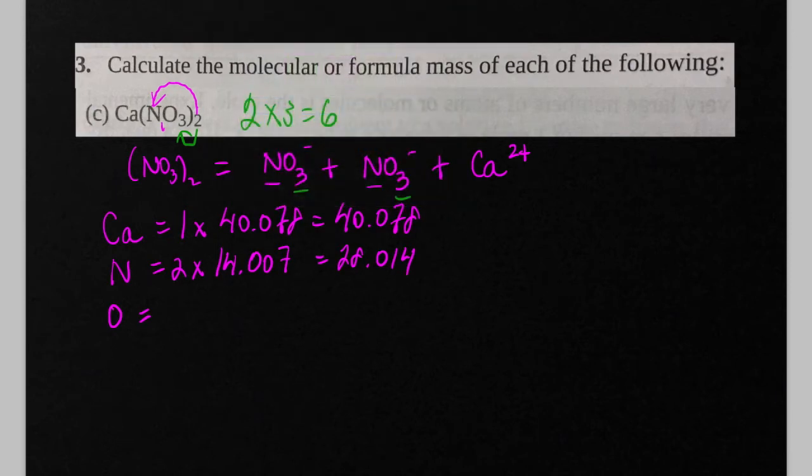So that's where I'm getting this value of 6 here. So there are 6 total oxygens in this formula, each of which has an average atomic mass of 15.999. So you need to multiply that number by 6 to find out the total mass of those 6 oxygens.